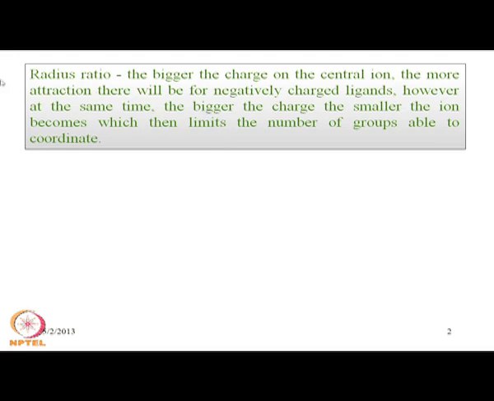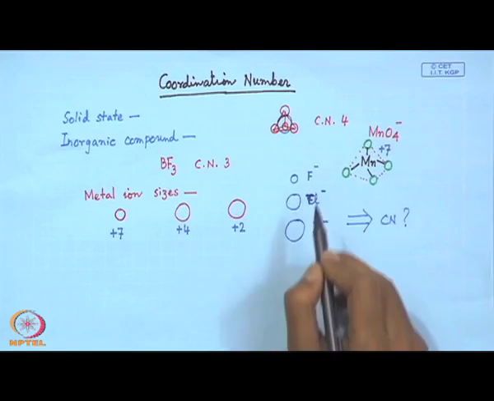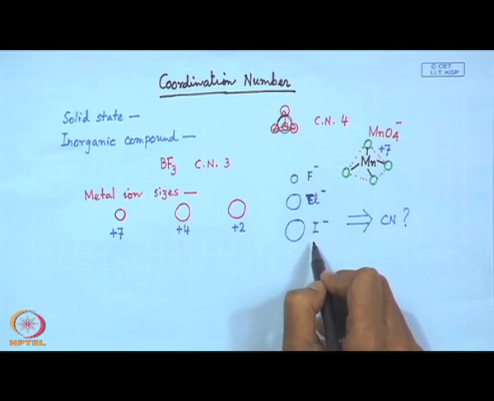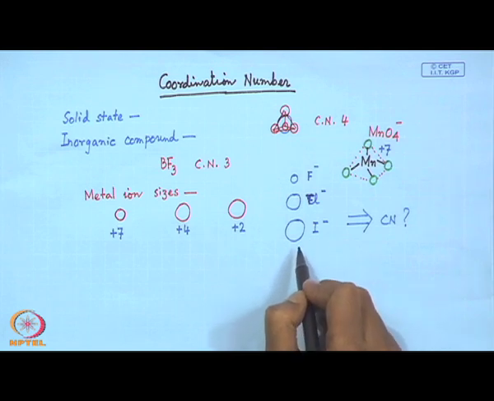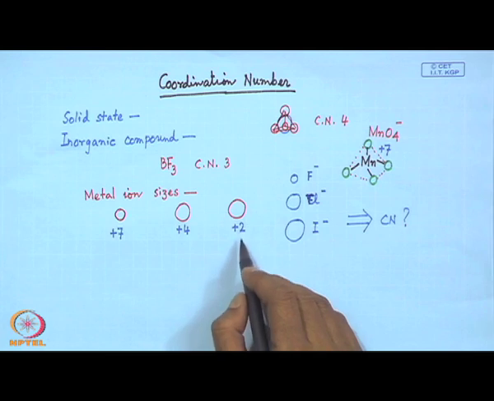Like our solid state geometry, the radius ratio. The bigger the charge on the central ion, the more attraction there will be for negatively charged ligands. So, for negatively charged ligands like fluoride, chloride and iodide, the more attraction there will be if the charge on the central ion is more.